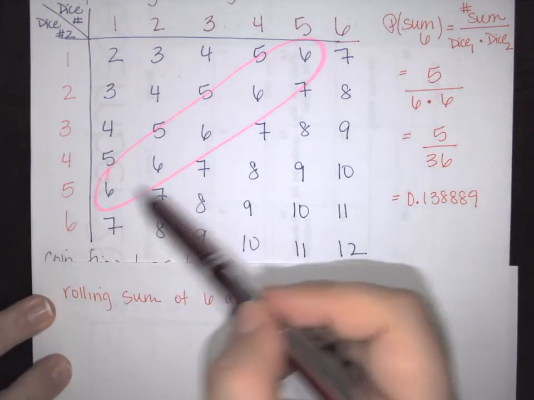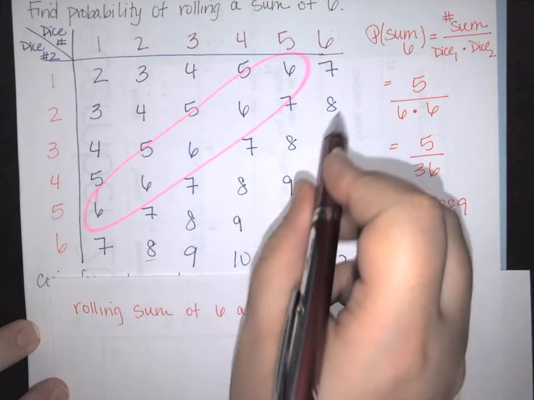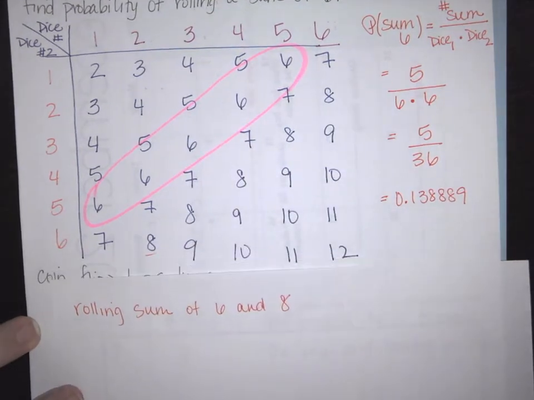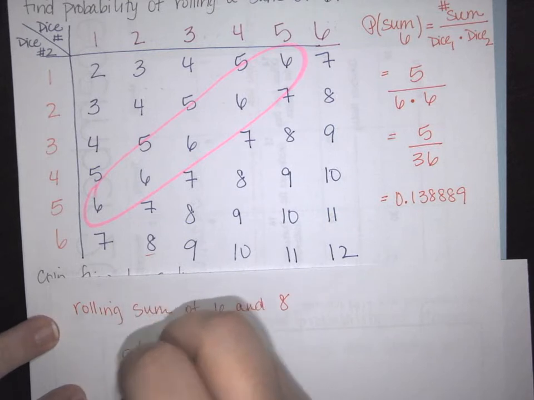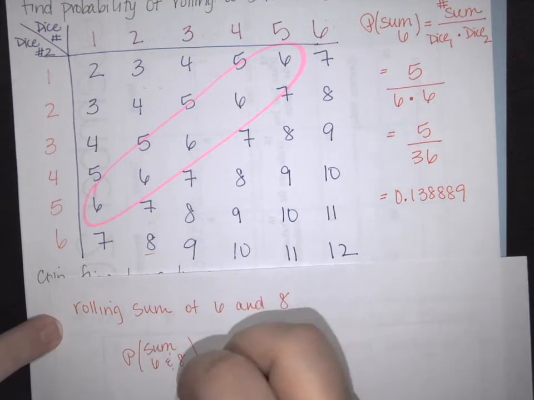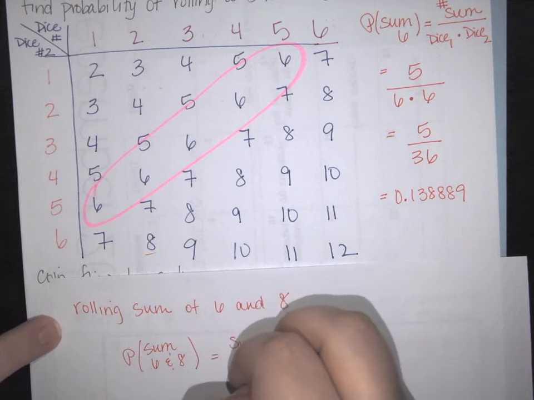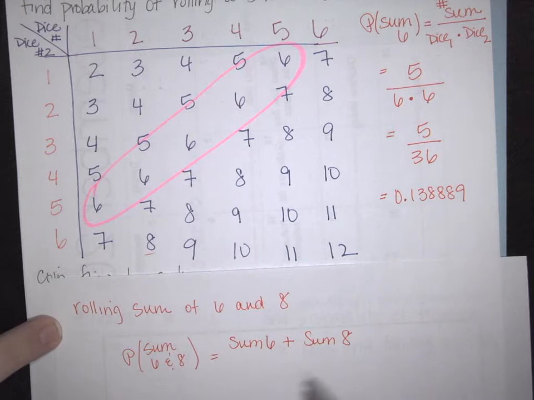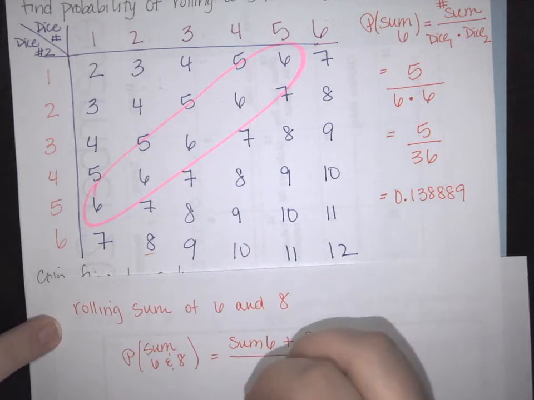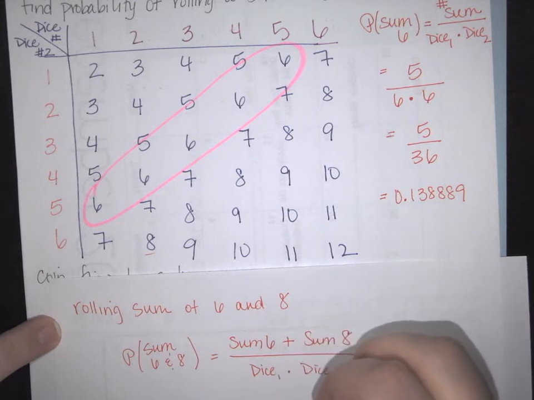If we did that, you would circle your 6's, then you would come in here and circle your 8's. To do that would be very similar. Instead, you would have the probability where you're going to sum to 6 and 8. So in this case, you're going to have sum to 6 plus sum to 8, and then of course it's going to be over your dice 1 times your dice 2.